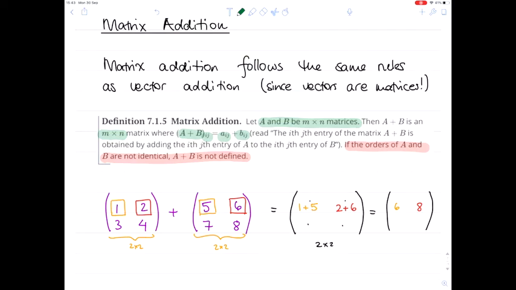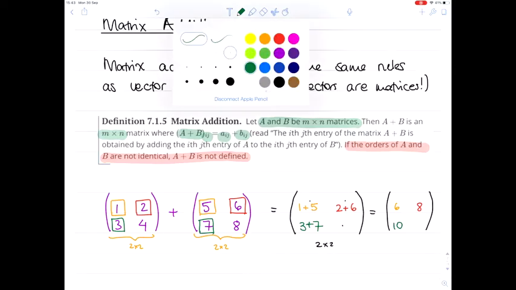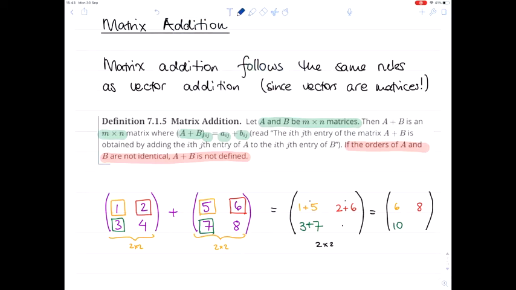And now we move to second row, first column, and we add the entries from both matrices to give us 3 plus 7, which is 10. And then finally, second row, second column entry from each matrix. Let's add them. So that's 4 plus 8, and that gives us 12. Okay, so nothing complicated, and this works just about exactly as you would expect.